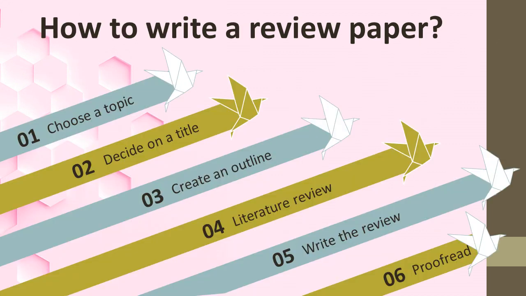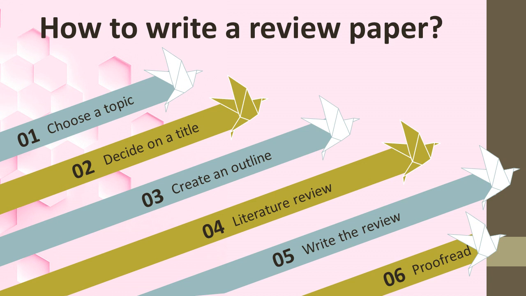Finally, we've come to the most important part of this video: how to write a review paper. There are numerous ways to write a review paper, which may vary from one author to another. Here, I put together 6 general steps in writing a review paper. Step 1. Choose a topic.